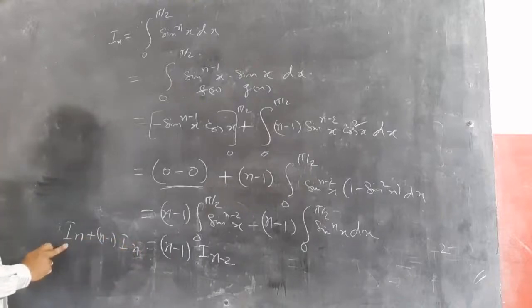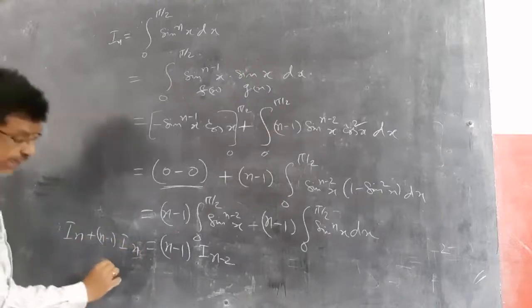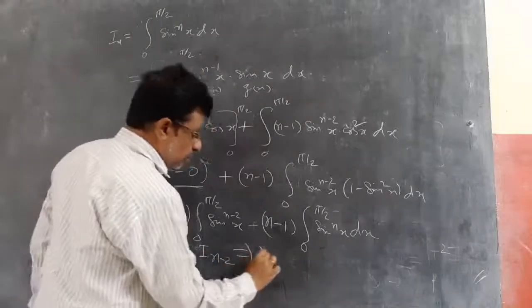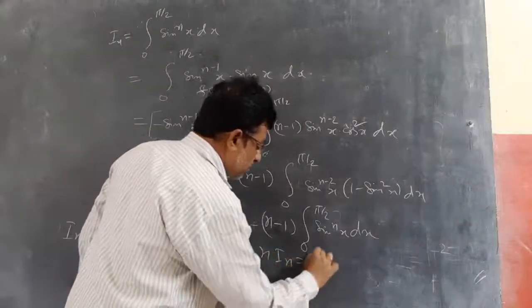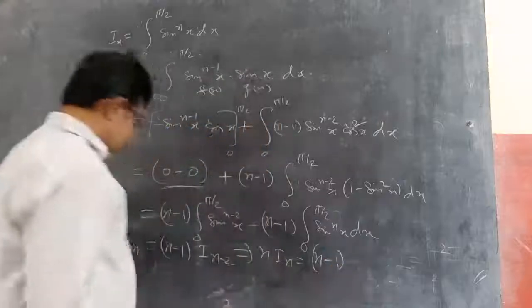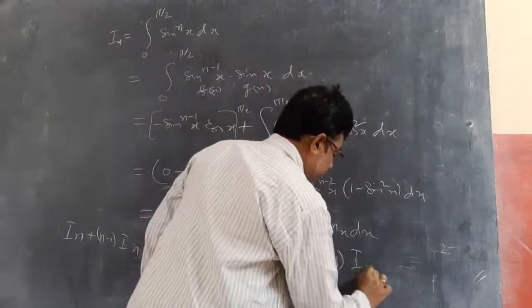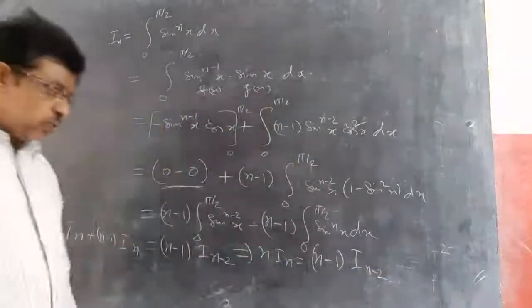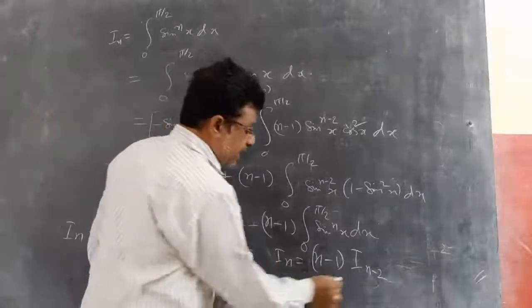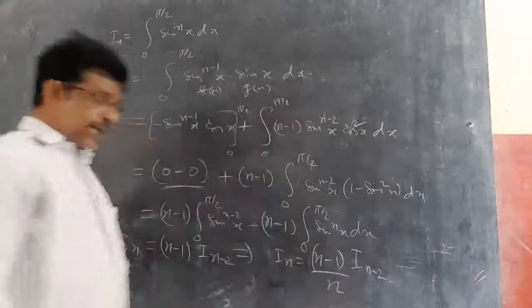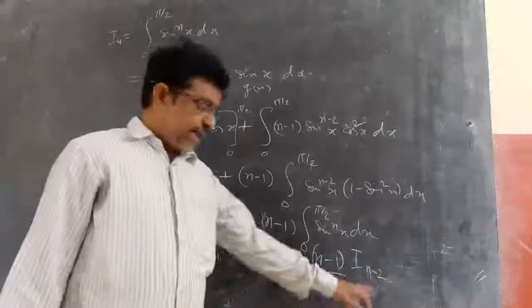Now take I n common, 1 cancels. N into I n equals n minus 1 into I n minus 2. Now bring n to this side, becomes divided by n. So I n equals n minus 1 by n into I n minus 2.